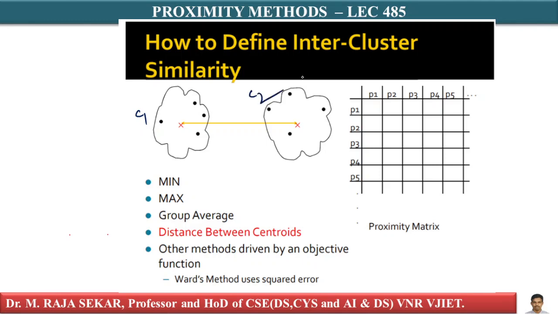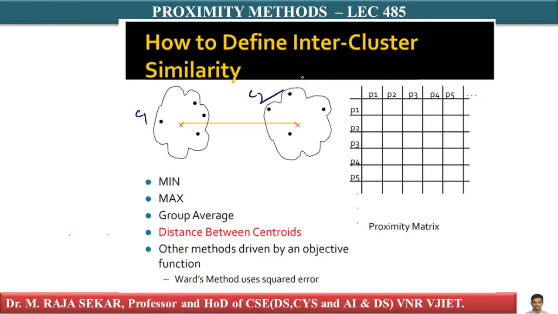Compute the centroid of the points in C1, and for the second cluster C2 also, you can compute the centroid. Take the similarity or distance between these centroids as your similarity measure between clusters C1 and C2. This is less popular, and there are many other ways.